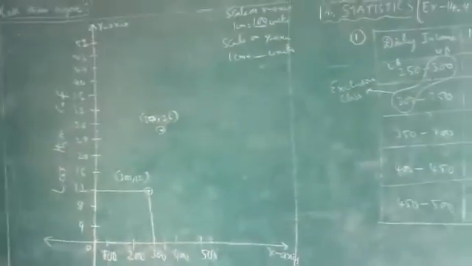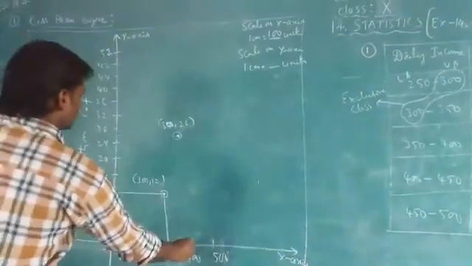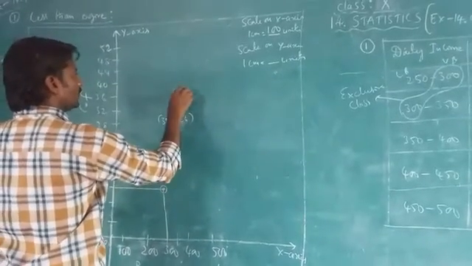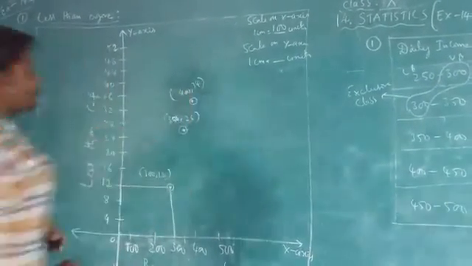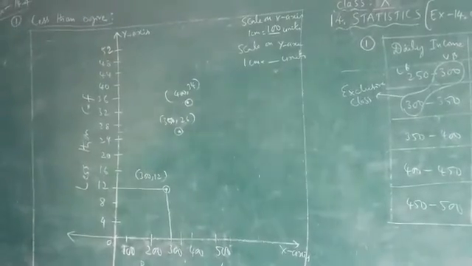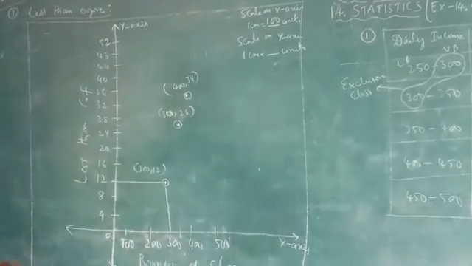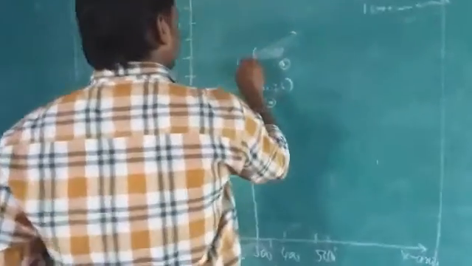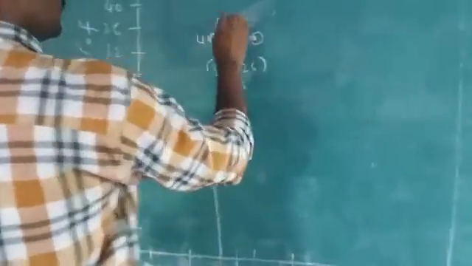Next one, 400, 34. 400, 34. Then 450, 40. 450 on this line here, 40 approximately. Right children?